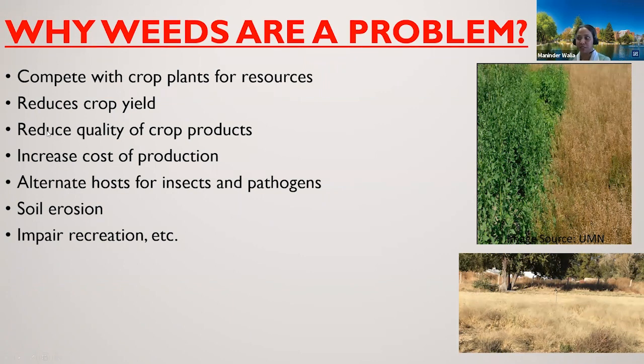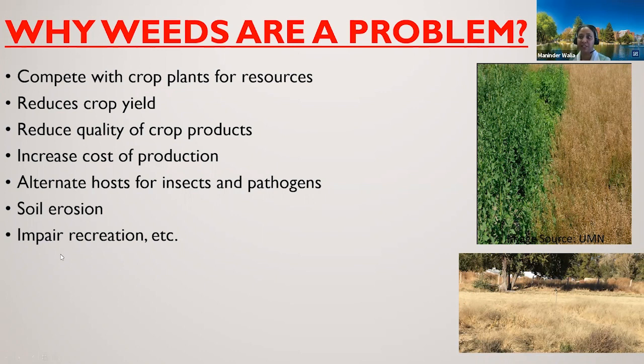They also increase the cost of production by increasing the cost of labor, herbicide costs, application time, etc. Some weeds may harbor crop insects, pests, or pathogens. And when weeds have a significant negative impact, they can reduce the economic value of agricultural land. Weeds can increase soil erosion since many weeds do not hold the soil in place.